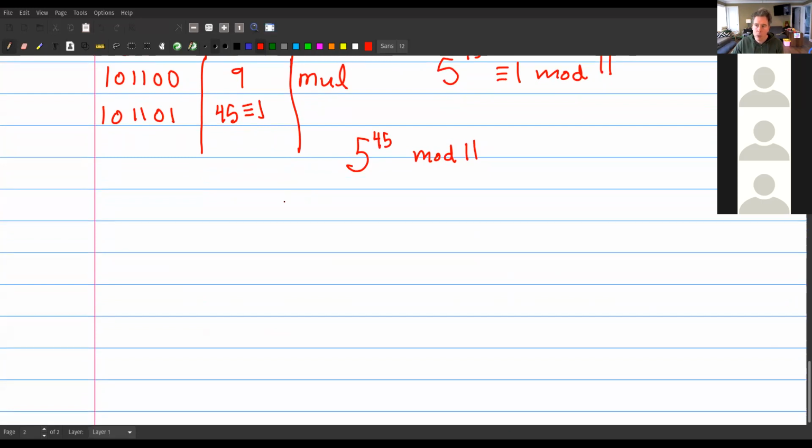Euler's theorem says that a to the phi of n is always 1 mod n if a is in the multiplicative group mod n, meaning it has GCD 1 with n. 11 is prime, so every element is in Z11 star. And phi of 11 is 11 minus 1, which is 10.